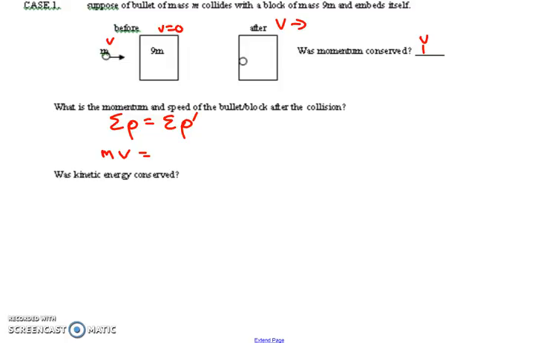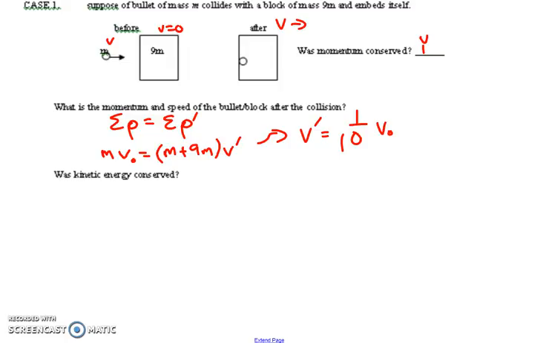That's going to equal the total momentum after, which is going to be m plus 9m. That's the mass of the block. They go together as 1 times v prime. Okay, so in a classic inelastic collision, the masses combine and move off as 1. So if we solve for v prime, it's not too hard to see that it's 1/10 the original velocity.